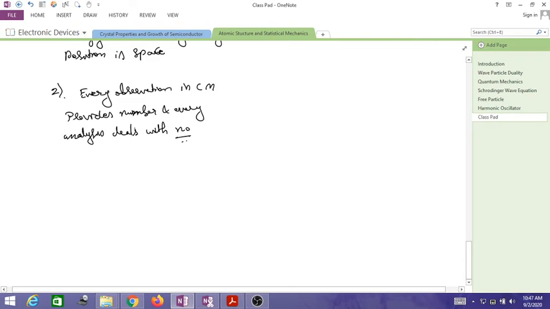It means anything done in classical mechanics gives very accurate, very precise results, and it deals with numbers.